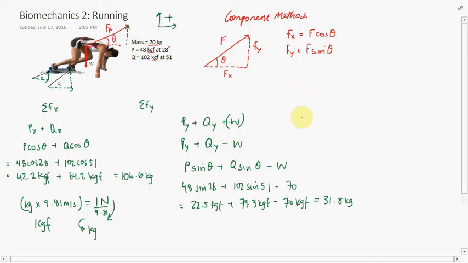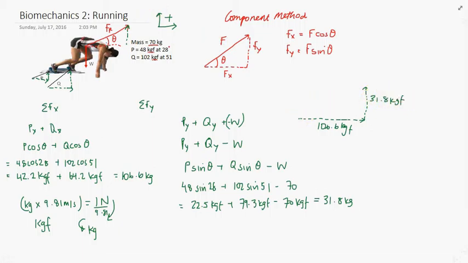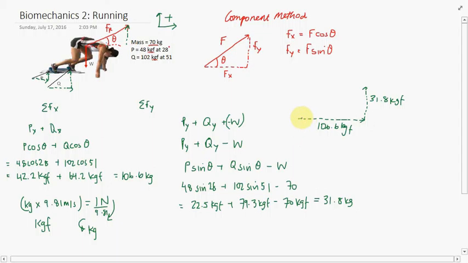So the F of x is acting to the right with a magnitude of 106.6 kilograms of force. It is acting vertically with a magnitude of 31.8 kilograms of force, meaning that I can now solve for what my resultant should ultimately be, right?